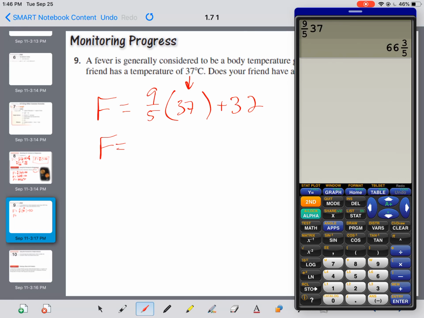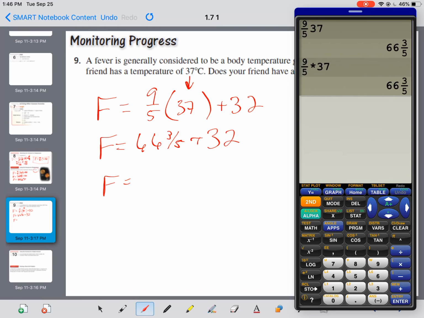is 66 and 3/5. 66 3/5 plus 32. So F equals, double check my math here, alpha Y equals 9/5, put the times in there just to be sure.